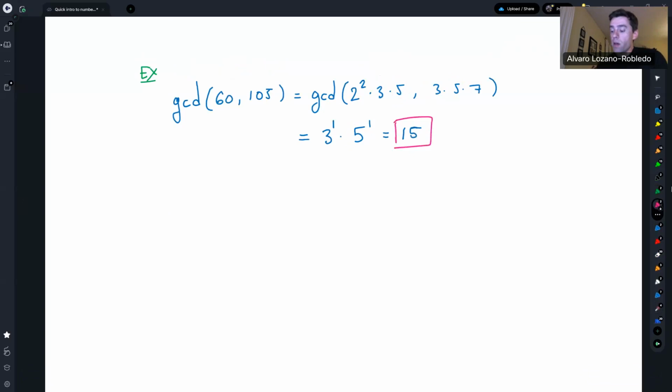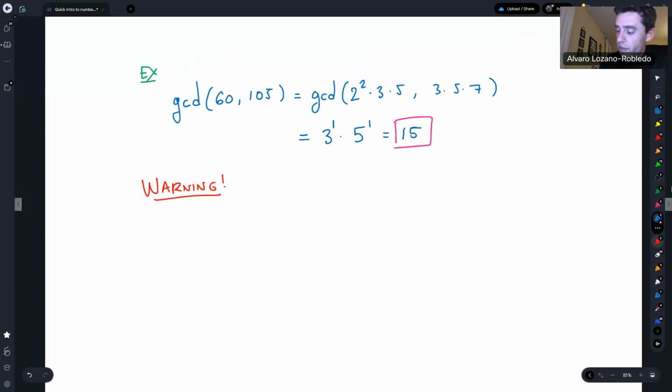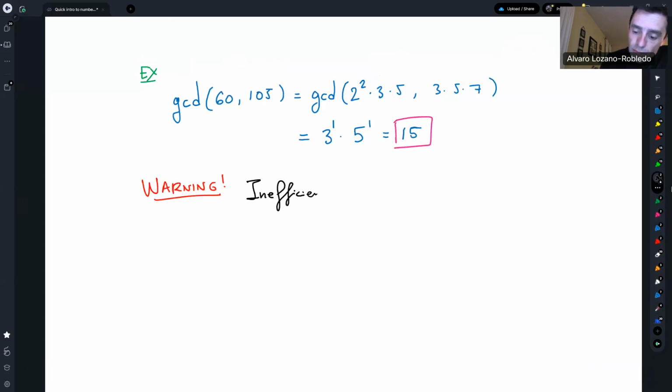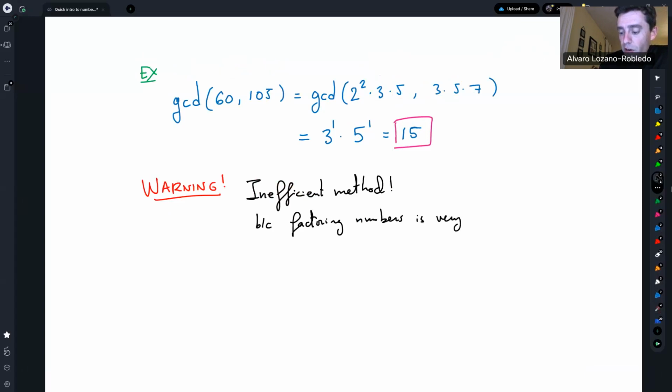Okay. But again, I'll just say, and I'll end this video with this, that this is also very inefficient. This is an inefficient method because factoring natural numbers, in general, for large numbers, is very expensive.